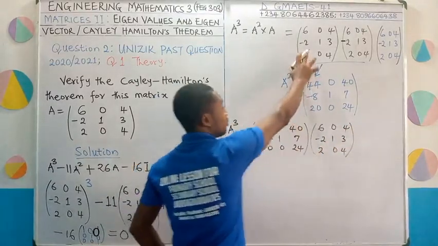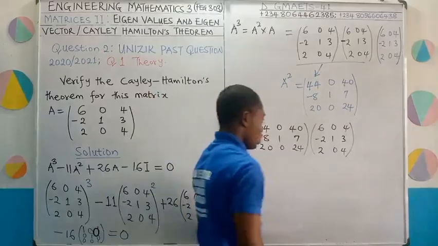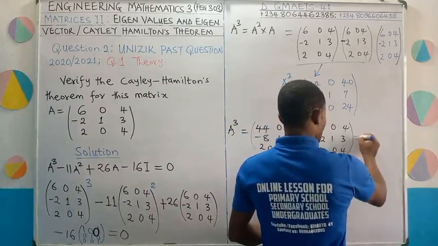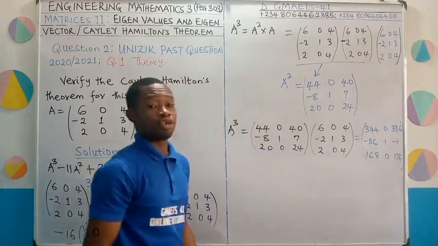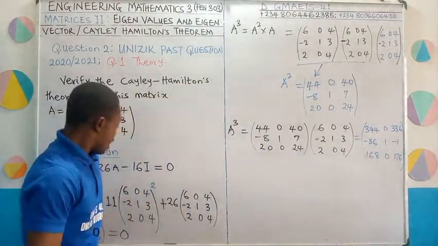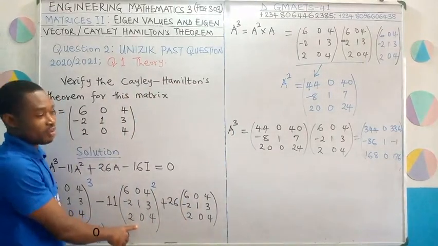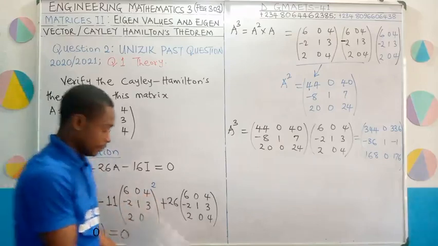You follow the same pattern of this multiplication. Are you following? Rows times column, okay? We are going to obtain the value of A cube to be equal to, so this is the value of A cube. Until we are done with A cube and A squared, we don't have problems with them anymore. All we need to do is to substitute and then simplify.